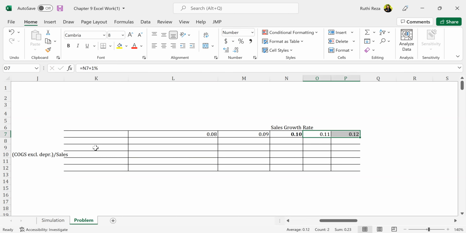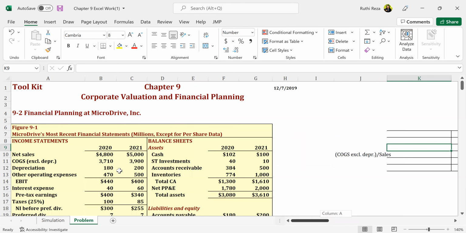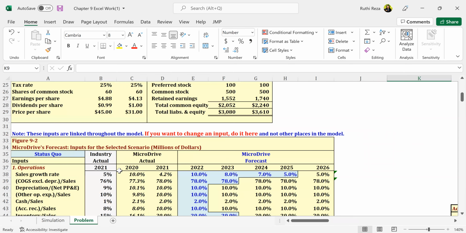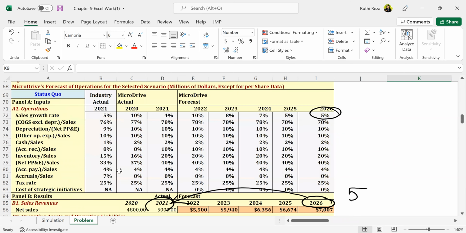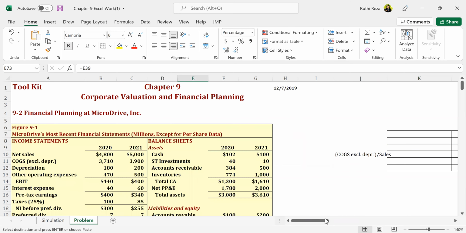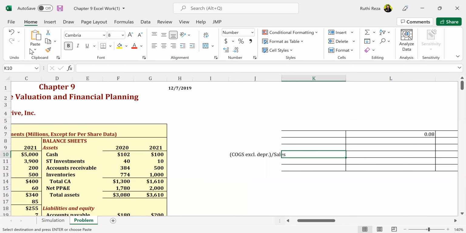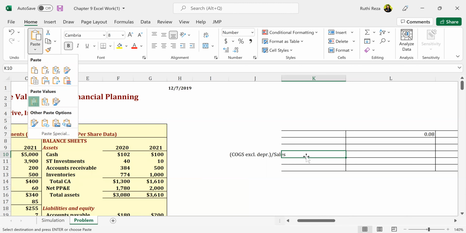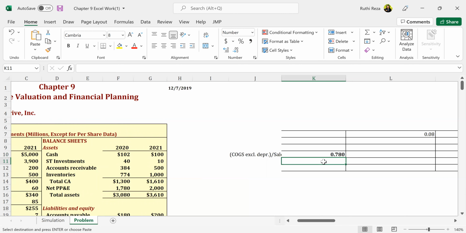Next, I'm going to copy the cost of goods sold as percentage of sales from my assumption. So here you can see cost of goods sold as percentage of sales is expected to be 78%. And again, I'm going to put it in the middle column. And this is a very big number and very sensitive.